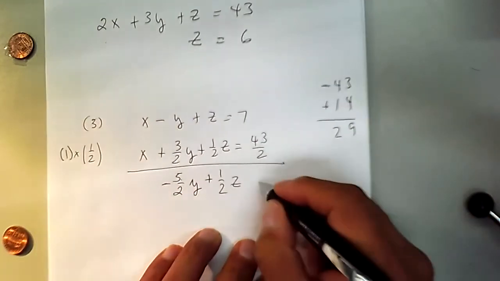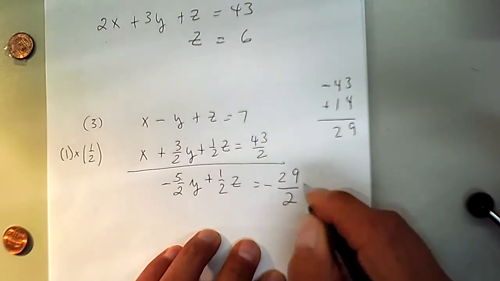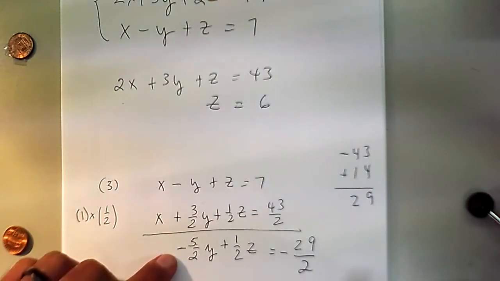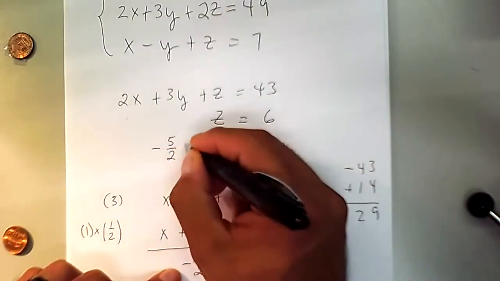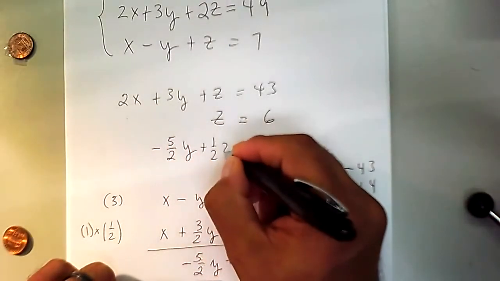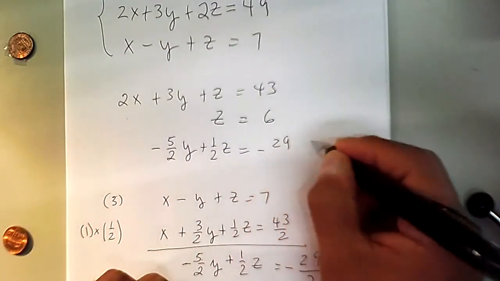Okay, so that's going to give us negative 29 halves. So negative 5/2 y plus a half z equals negative 29/2.